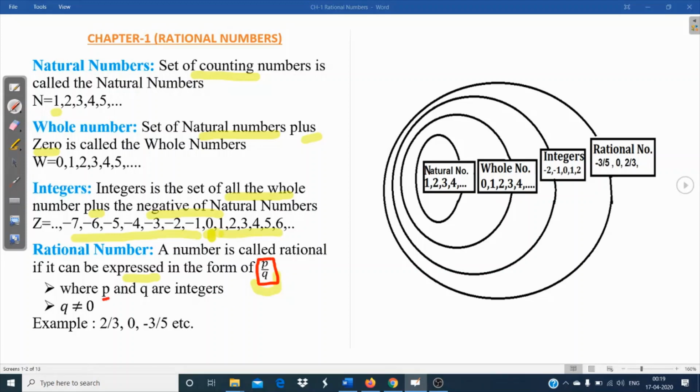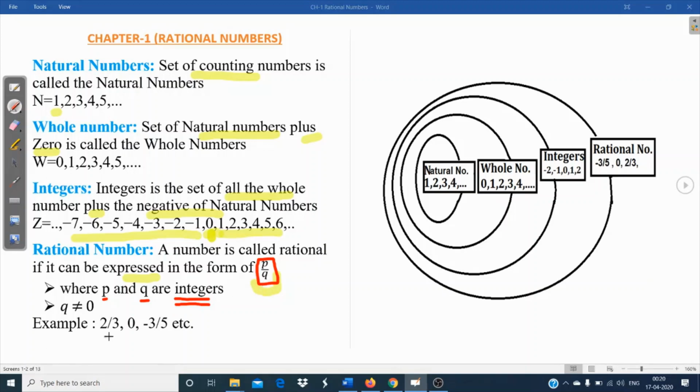First, both p and q, meaning our numerator and denominator, should be integers. And the second condition: q should not be equal to 0, meaning our denominator should not be 0. Other than 0, it can be any other integer.